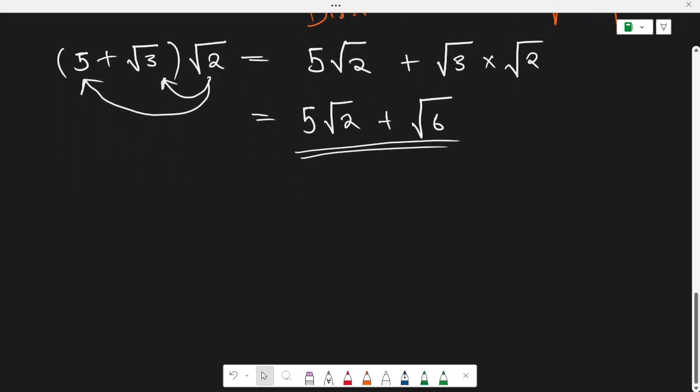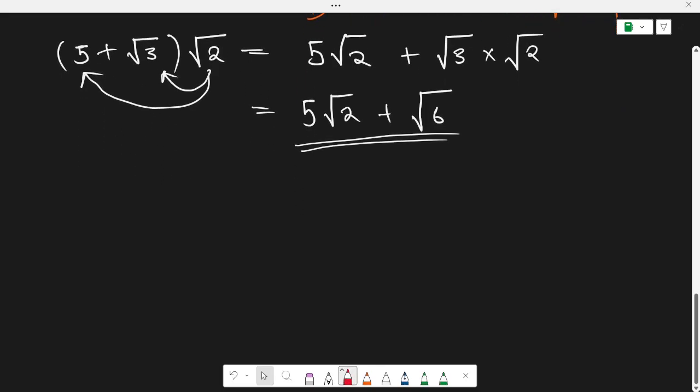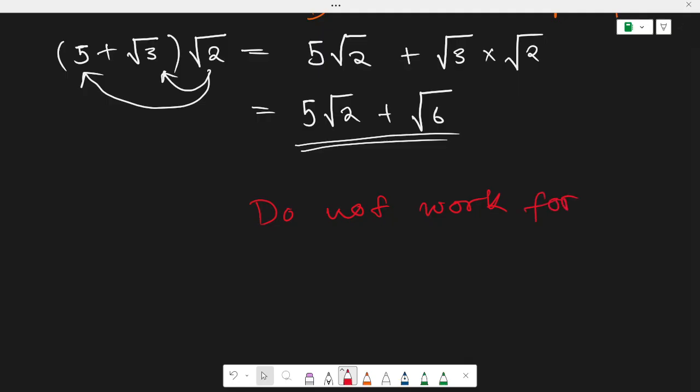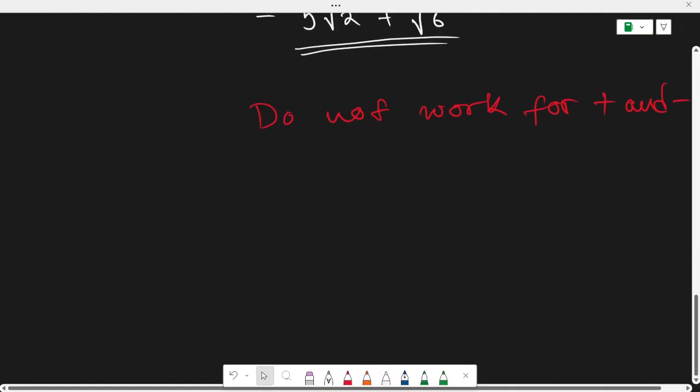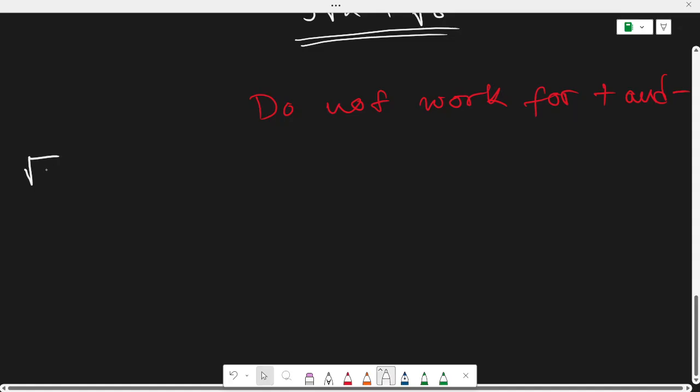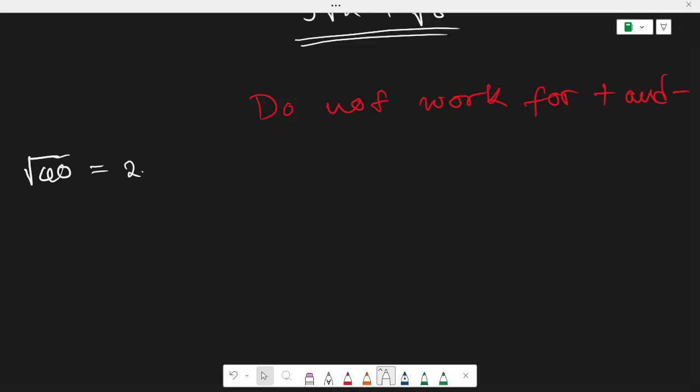Now, one of the last things that you need to know is that these things that we've talked about do not work for addition and subtraction. So we looked at an example of root 40, and we said that you can write root 40 like this.